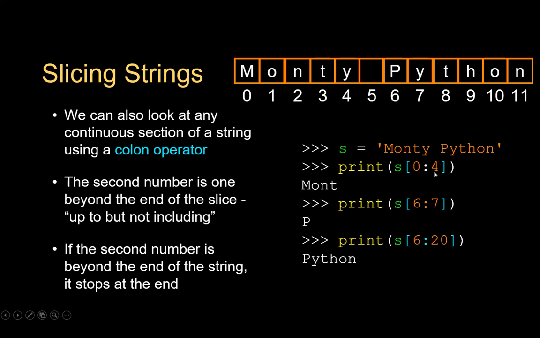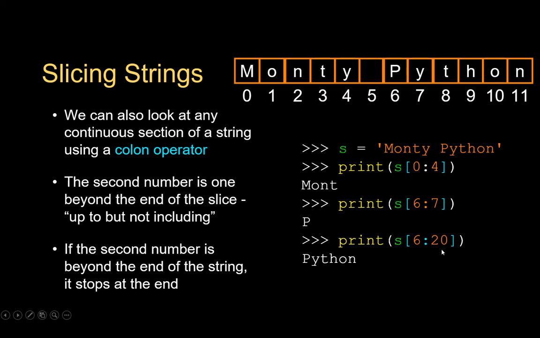And this is a bit counterintuitive because here we start from 0 but here we don't end with 4. So it's just a bit of learning that we have to have here, that this example means that the last character is going to be on index number 3. In this example, the last character is going to be index number 6.